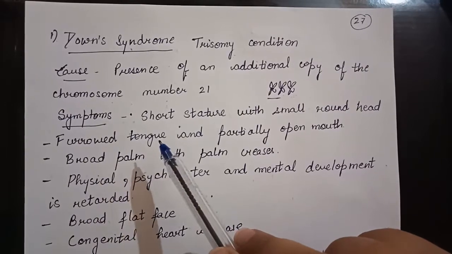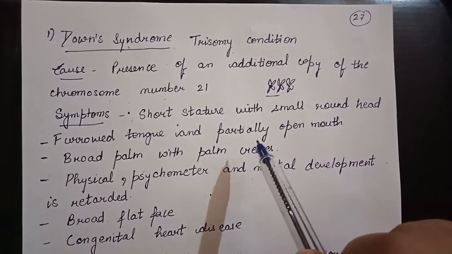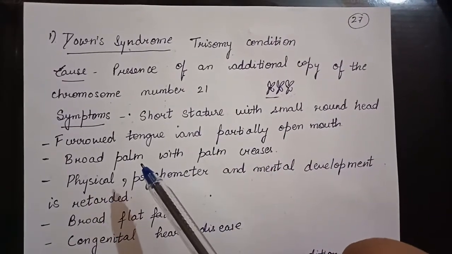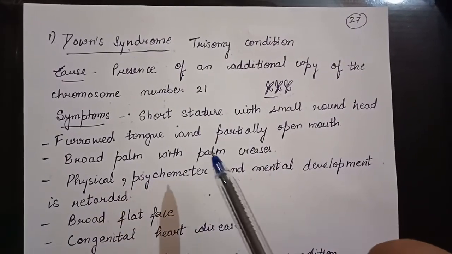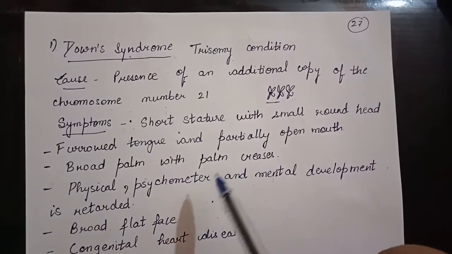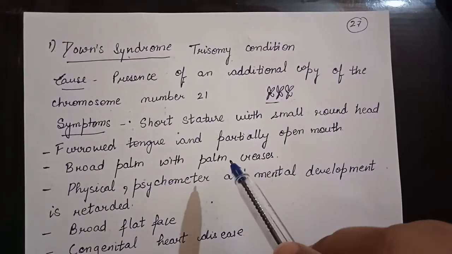A furrowed tongue, having very deep grooves in the tongue, and a partially open mouth. A broad palm with palm creases. Palm creases means normally we have so many creases, so many lines over the palm.